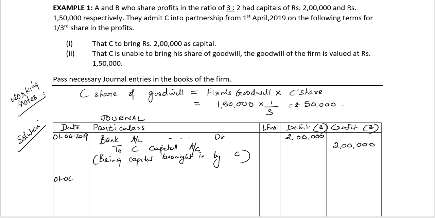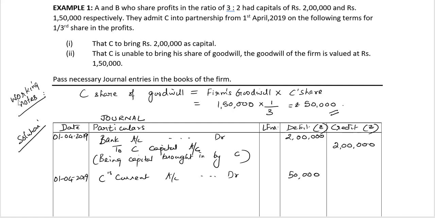Same date, the next journal entry. C's share of goodwill is rupees 50,000, but he does not bring in his share of goodwill. So we will debit C's current account with his share of goodwill, which is 50,000 rupees.